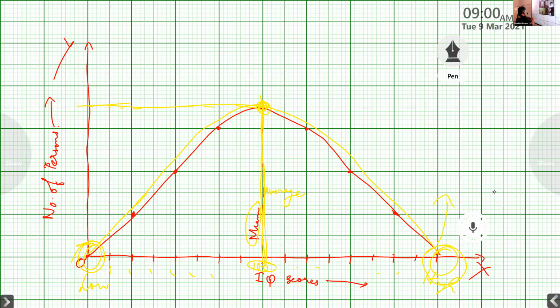Here we'll have the low end of the deficiency or disability.